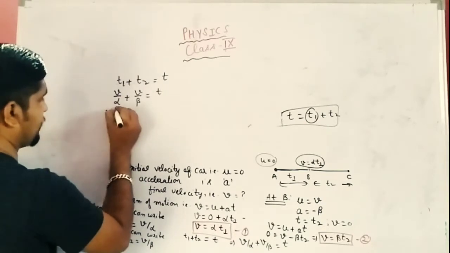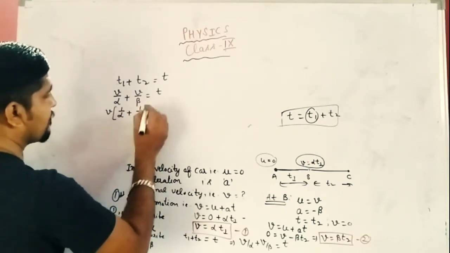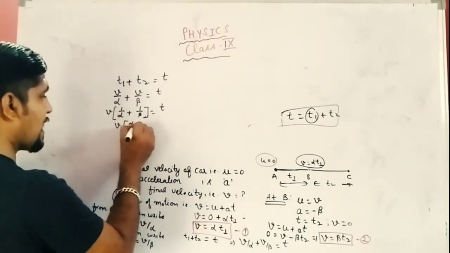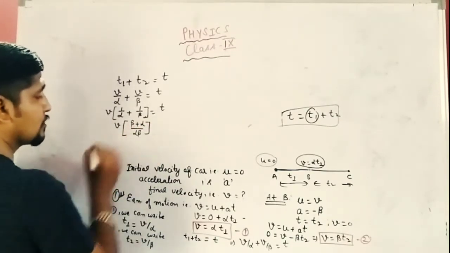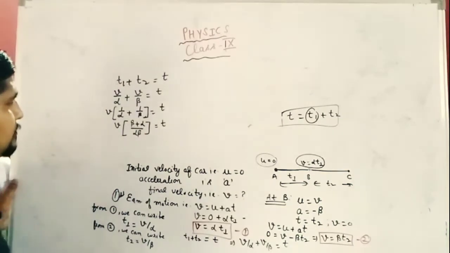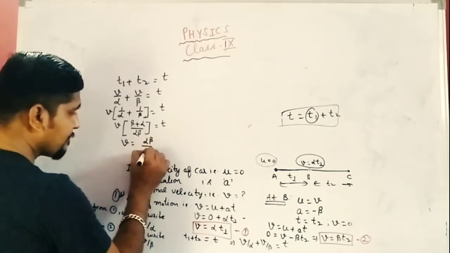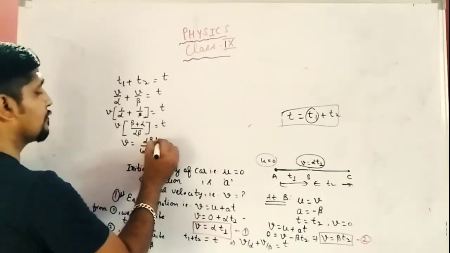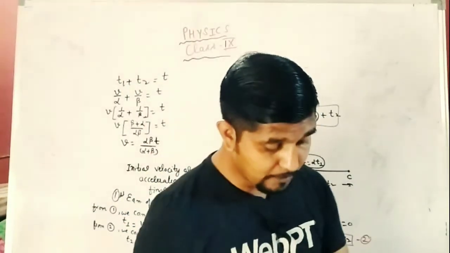So take v common: v into 1 by alpha plus 1 by beta is equal to T. So v into alpha plus beta over alpha beta, as we have taken the LCM, alpha beta, is equal to T. So v will be equal to alpha beta by alpha plus beta into T. So we have to find the maximum velocity.